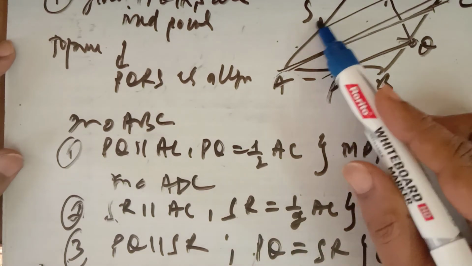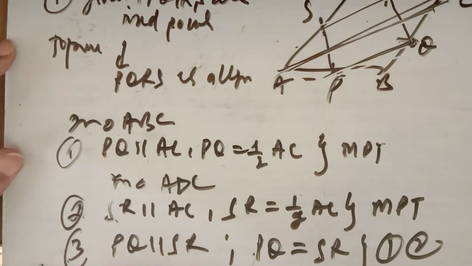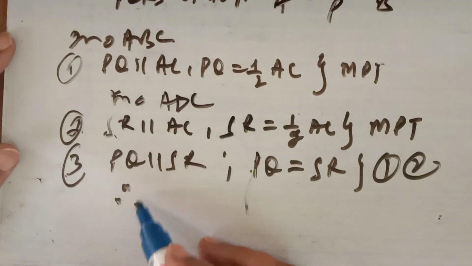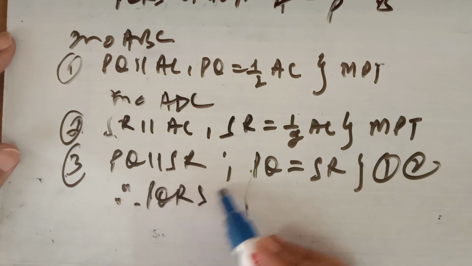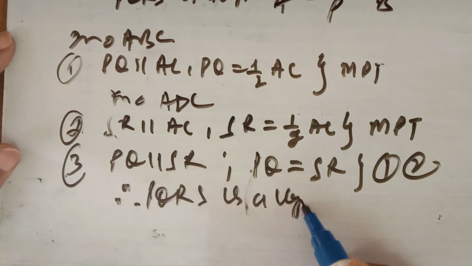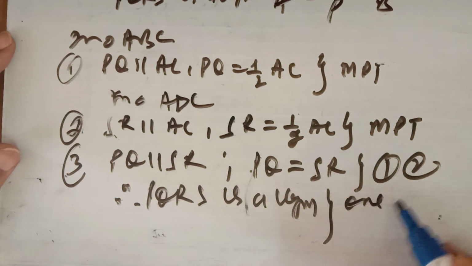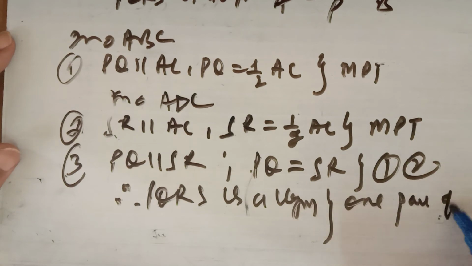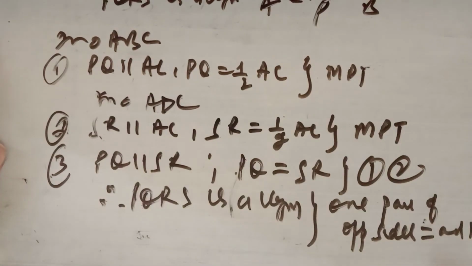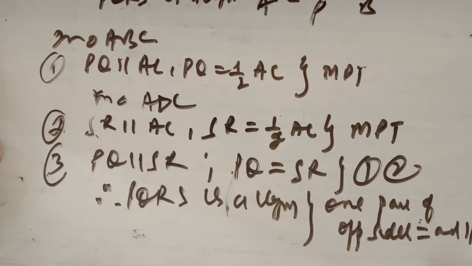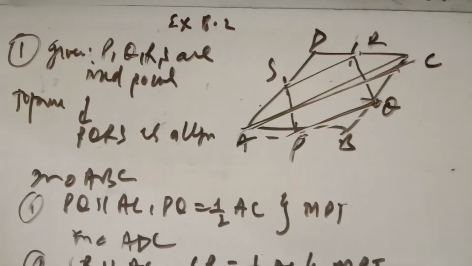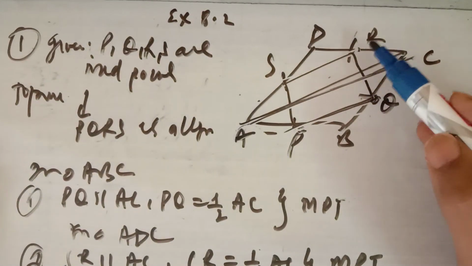So this side is equal and parallel to this. So I can say that PQRS is a parallelogram. Why is it a parallelogram? One pair of opposite sides is equal and parallel. A quadrilateral is a parallelogram if one pair of opposite sides is equal and parallel. So this base will be used in the remaining questions of this exercise.